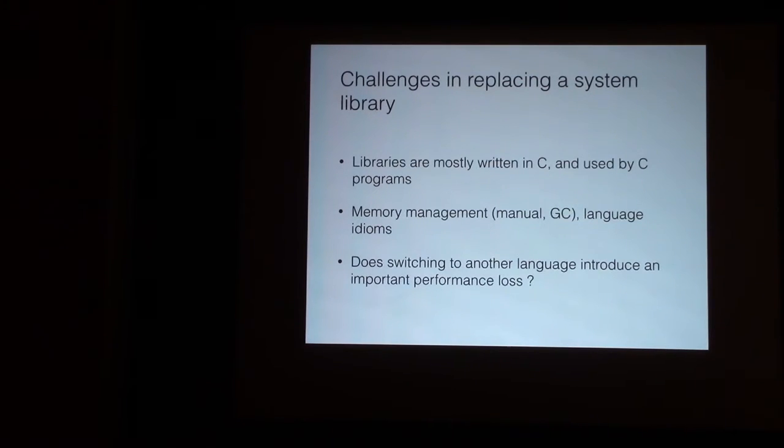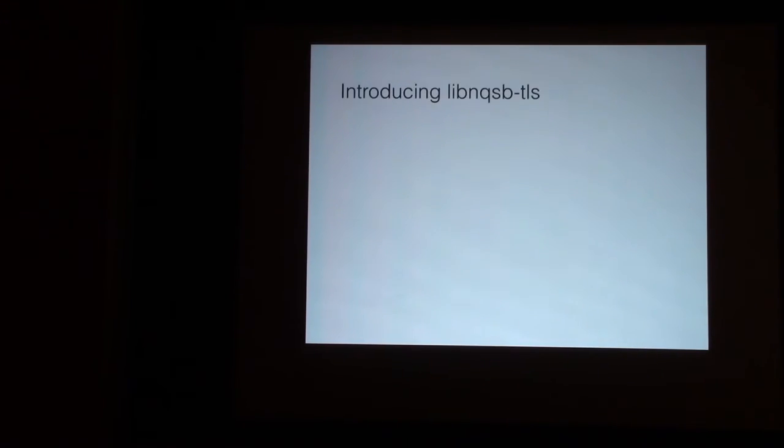Another problem is that switching to another programming language can introduce important performance loss. C libraries are usually very fast, so that's the kind of question we'll try to answer with this project.